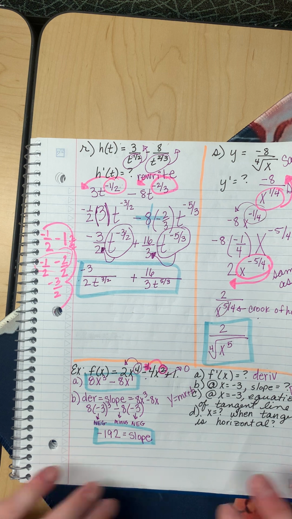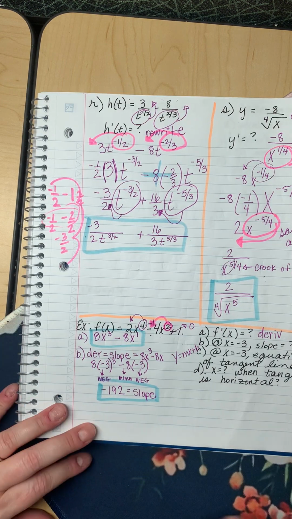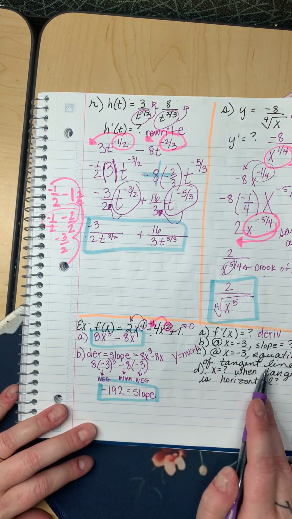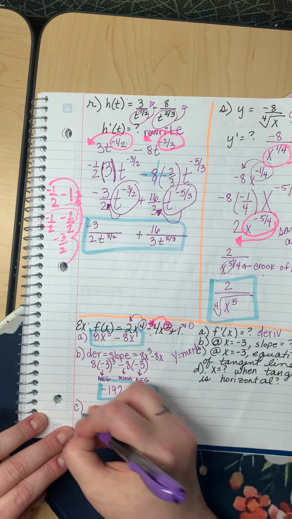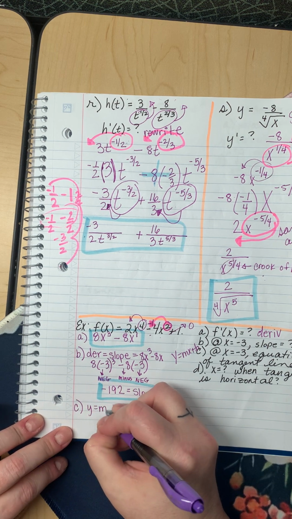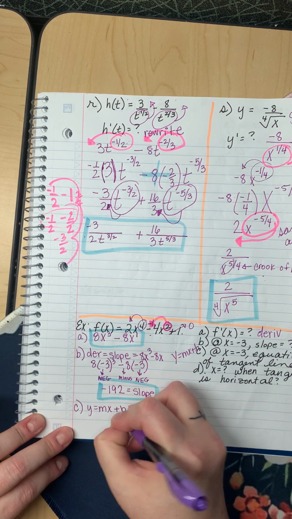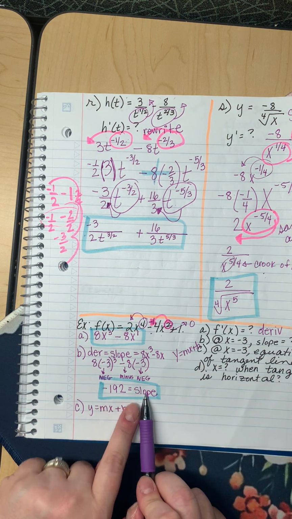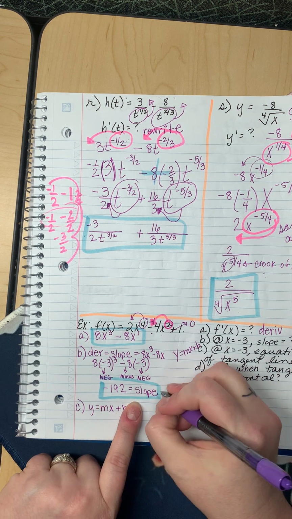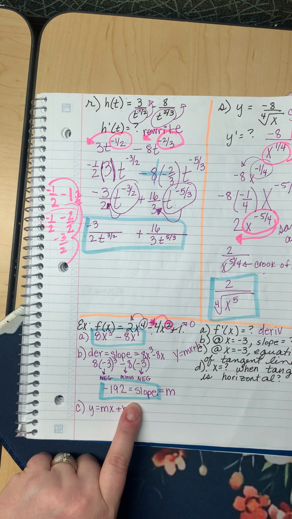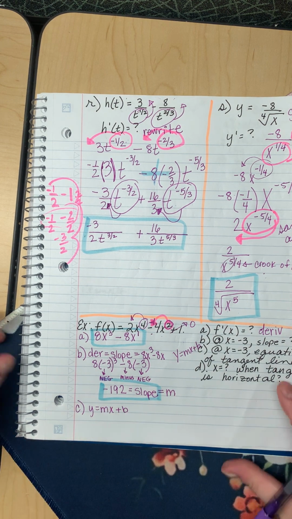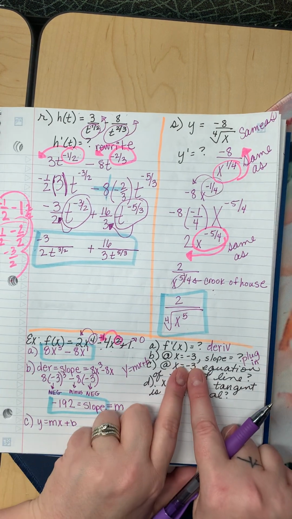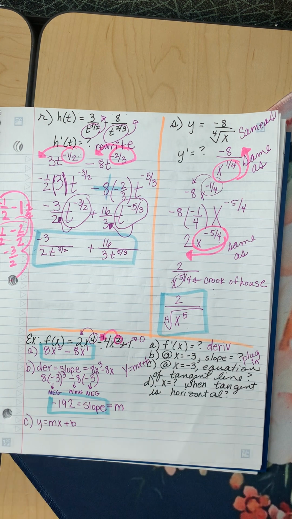Okay, so let's look at part C. Part C says, what's the equation of the tangent line? Well, that's y equals mx plus b. And that slope from part B, that's the letter m. The x value that they gave you, -3, that's the x value.